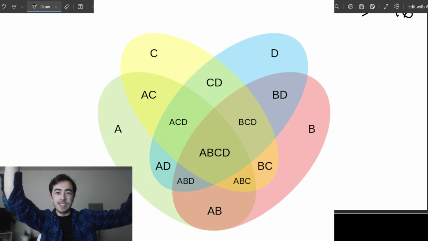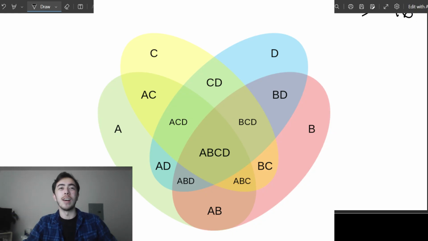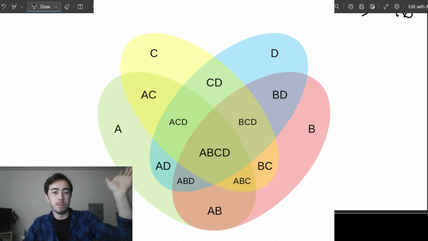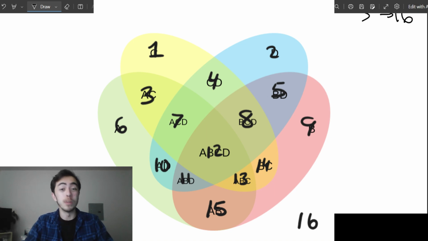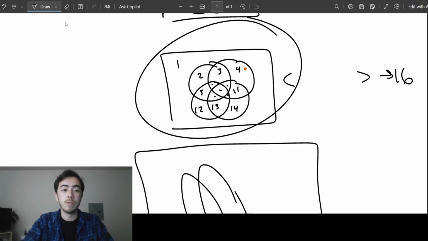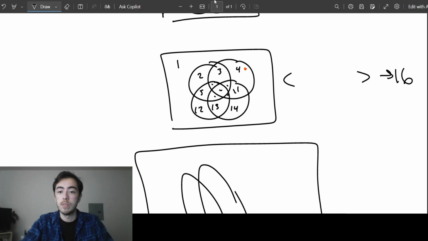And this is how you can draw a quadruple Venn diagram. And hopefully I'm putting an image there that has numbered sections so you can see that there are indeed 16 total. At least there's supposed to be 16 total when you do a quadruple Venn diagram. So this version right here actually is incomplete.